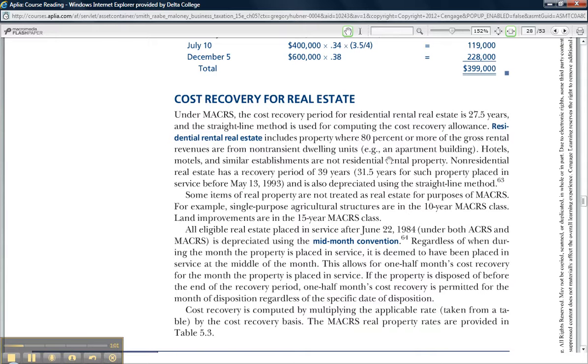For depreciation of real estate, we have a mid-month convention. This basically says that the real estate is deemed placed in service in the middle of the month that it was actually placed in service. So if you bought a building on June 7th, it's deemed to be placed in service on June 15th. You also use straight line only. There's no accelerated depreciation for real estate.